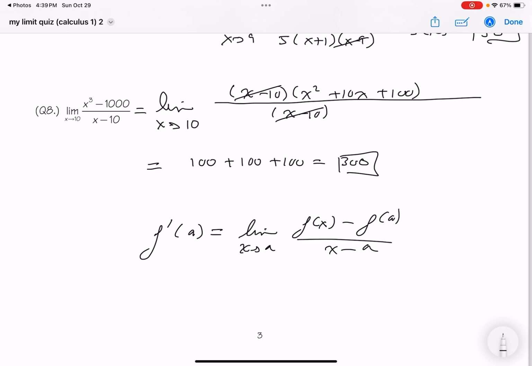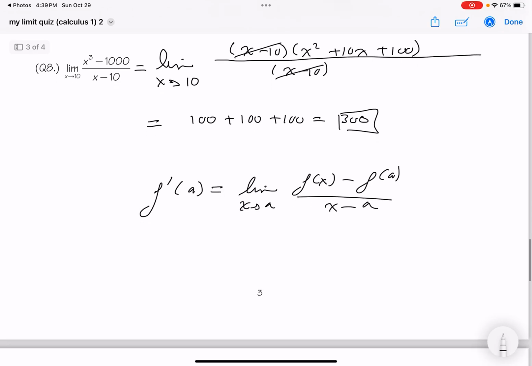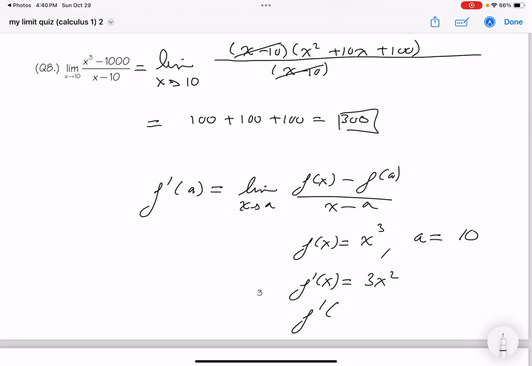So it sort of looks like that, but the question is, what's f of x? f of x appears to be x cubed, and what's the a in this problem? It appears to be 10. All right, so what's f prime? f prime of x is 3x squared, and what's f prime at a, which is 10? It would be 300. So either way you see it, it's 300.